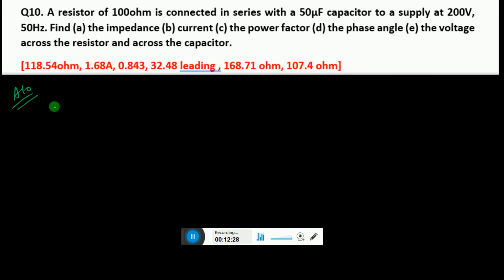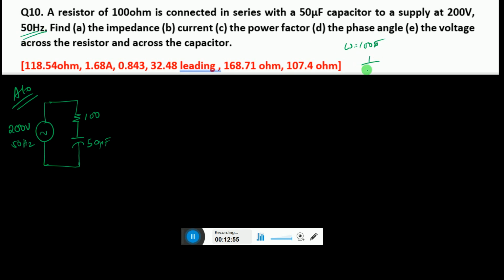Next. The question given is that it's a capacitive load with 200 volt supply. So 200 volts, 50 Hz. R value is 100. This is 50 microfarad. Again we know that omega is 100 pi because frequency is 50 Hz.